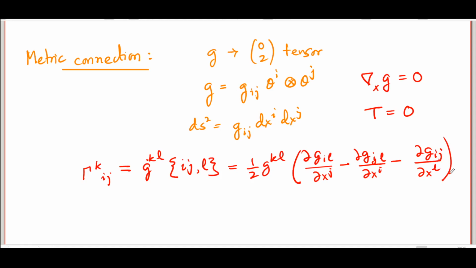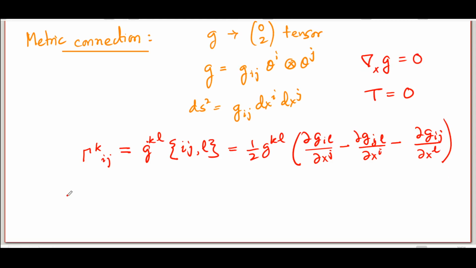Now, the torsion coefficients that we talked about earlier can also be written down in terms of the metric components. In fact, they will always work out to be 0. But say the R^l_kij's, they can also be written down in terms of the metric components, but it's perhaps more convenient to write them down in terms of the Christoffel symbols themselves.